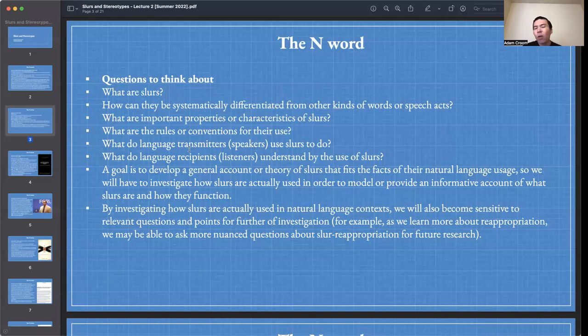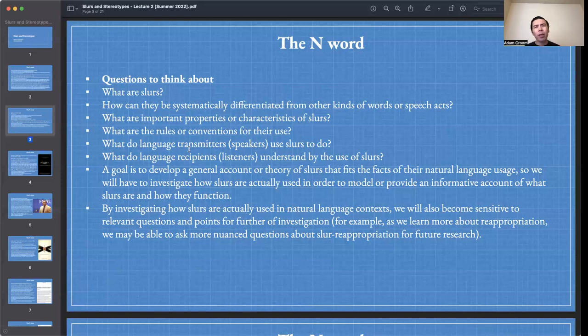And one of our goals, we have several goals, but one of our goals is to develop a general account or theory of slurs that fits the facts of their natural language usage. So we will have to investigate how slurs are actually used in order to provide an informative account of what slurs are and how they function.